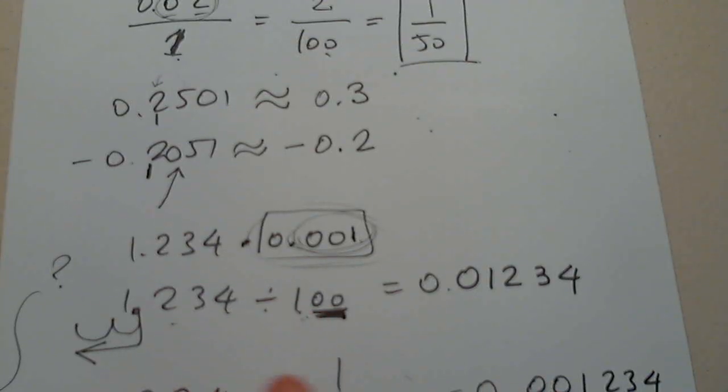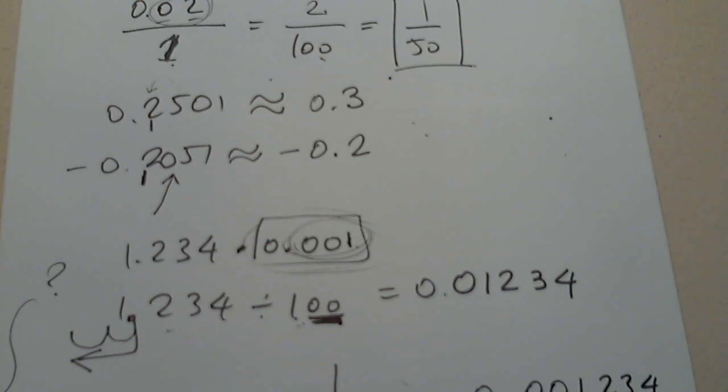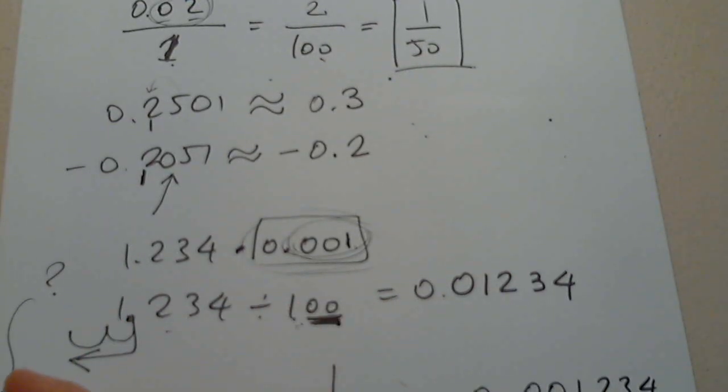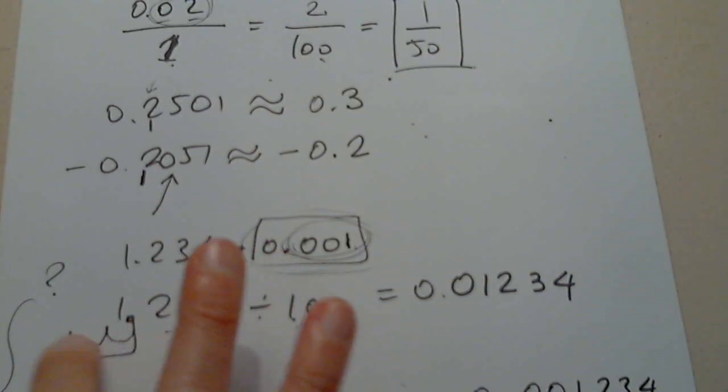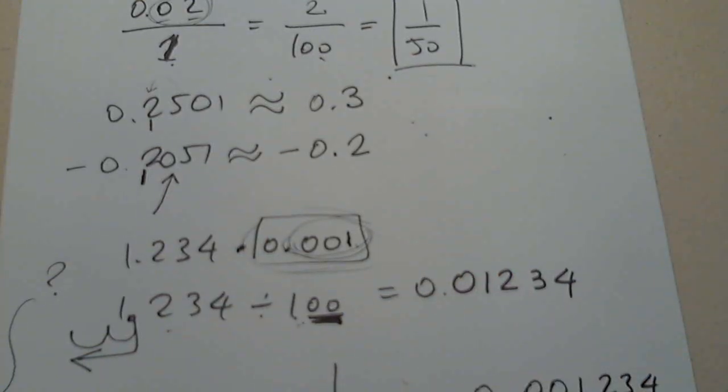Every time I divide by a power of 10, like 100 or 1,000, all I have to do is move the decimal point from wherever it is. It doesn't matter. In this case, 1, 2, 3. So I have 2 zeros in front of 1. Here I divide by 100, which means I have to move the decimal point this way, 2 decimal digits. 1, 2. 0.01234. Is this clear?